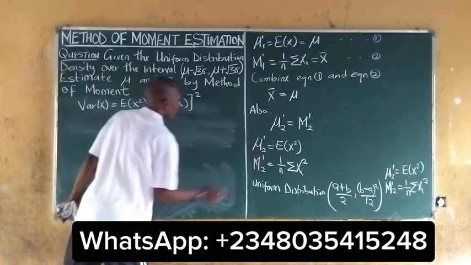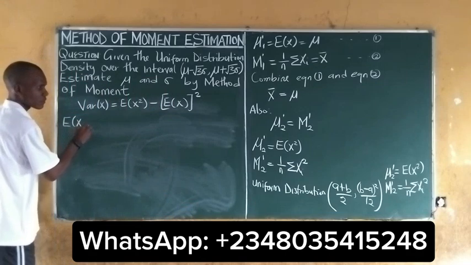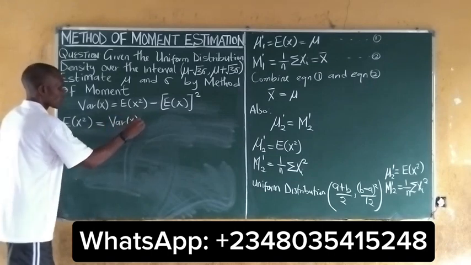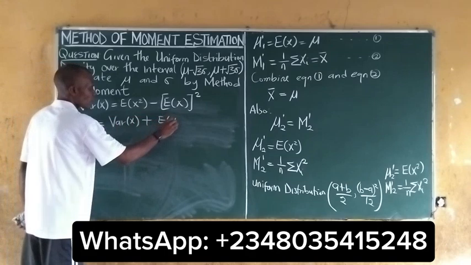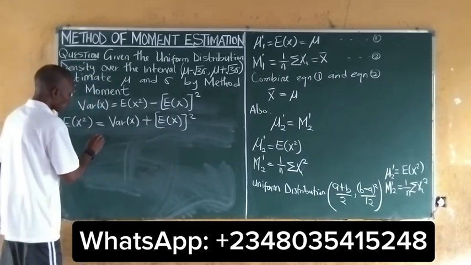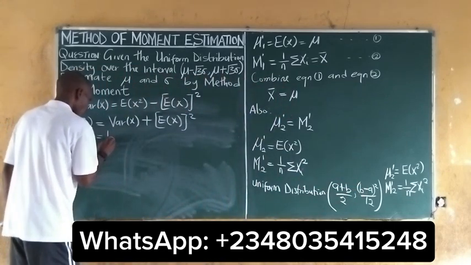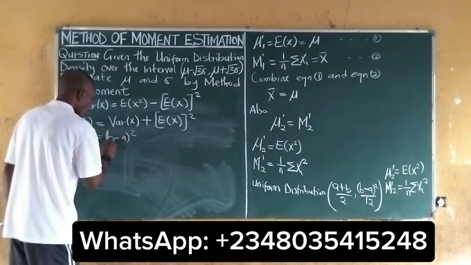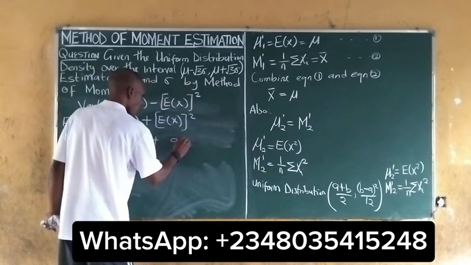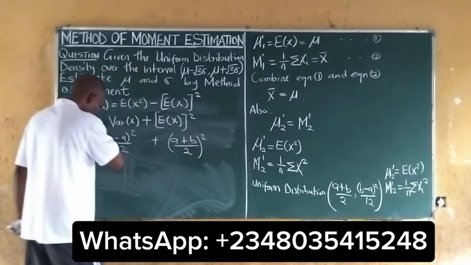We have that the expected value of x squared will be equal to the variance of x plus the expected value of x all squared. So we note that our variance is b minus a all squared all over 12 plus a plus b all over 2 all squared.